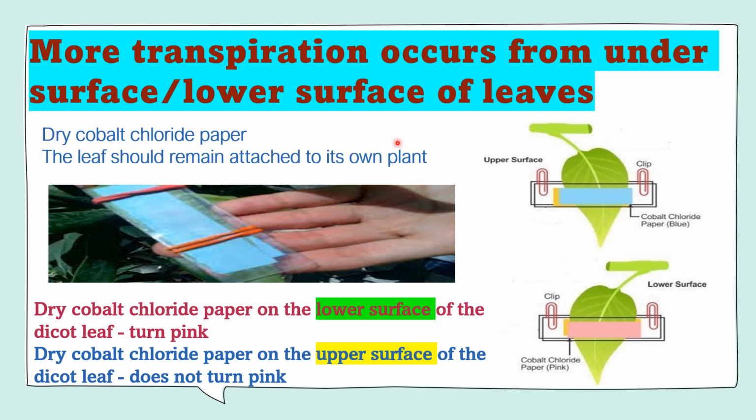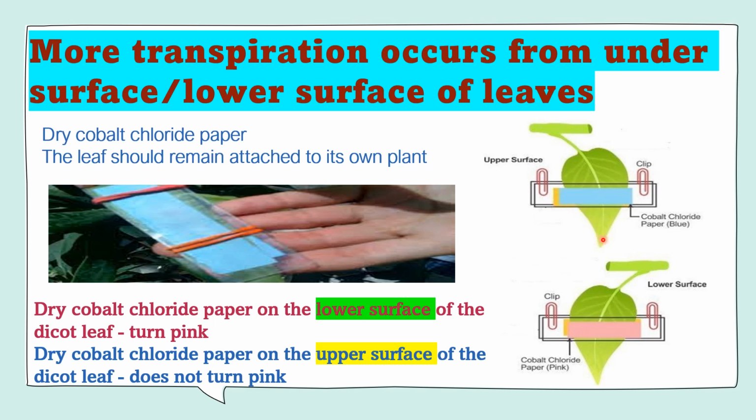These two points you have to remember while doing the experiment. The piece of paper facing the upper surface of the leaf either does not turn pink or turns pink in a much longer time.